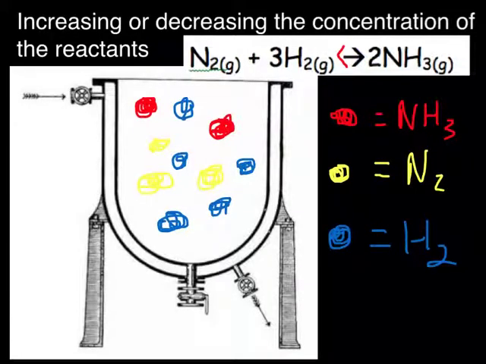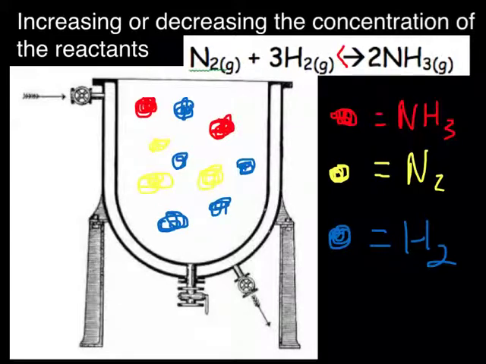Okay, so let's say that this is the initial concentration of the equilibrium system. So right now, this system is at equilibrium. Okay, so draw that.